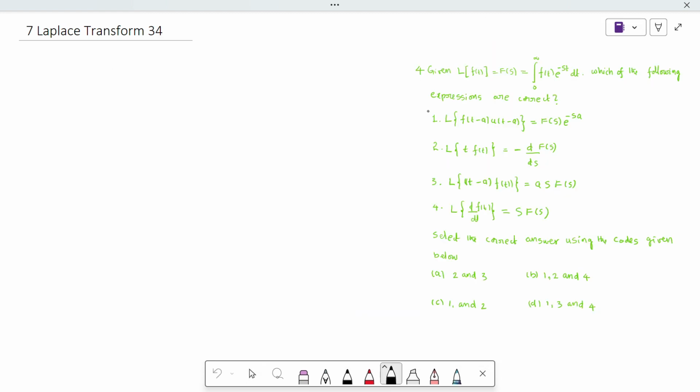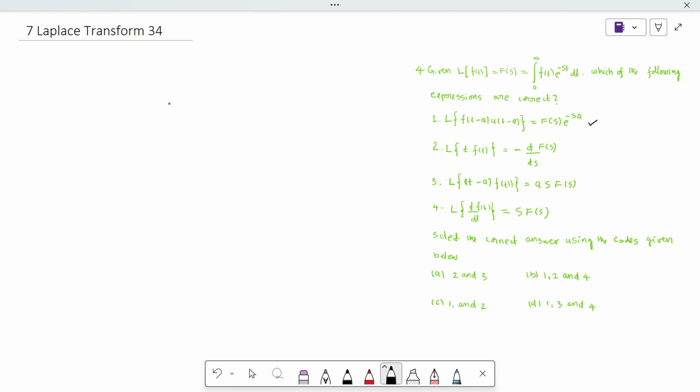Next question. The given Laplace transform of f of t is F of s. Which of the following expressions are correct? See, the Laplace transform of f of t minus a into u of t minus a, we already applied this previously. That equals F of s into e power minus as. This is a delayed signal, so this is the correct statement.